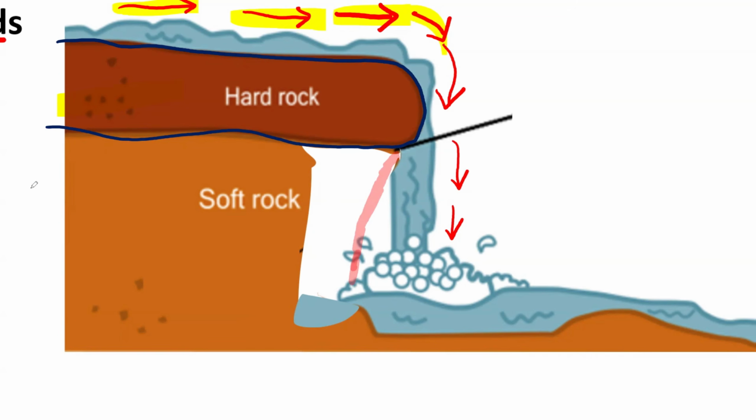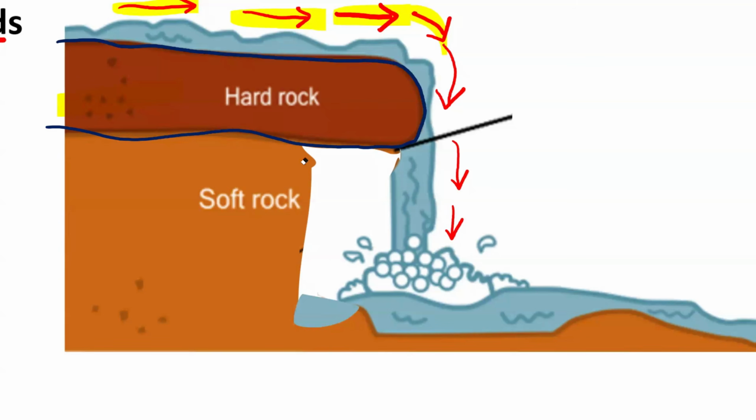So now, what do you notice here, guys, about the hard rock? When we remove the softer rock, what can you comment about this hard rock? What can you say about it? Yes, Mpho, is it?